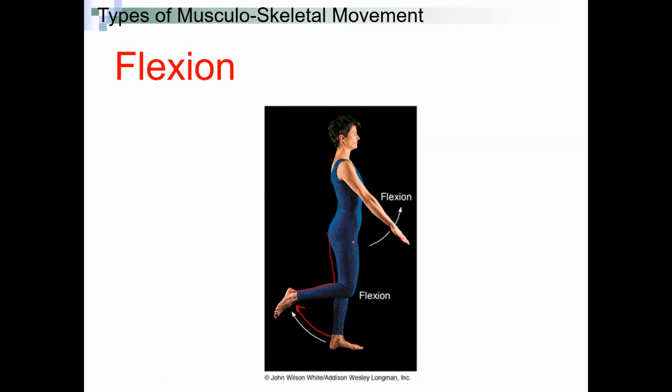So you go from basically like this, and the angle becomes this. So the angle becomes more acute. So your foot is now closer to the rest of your body. So that is flexion. And of course, if you straighten your leg, your foot is now further away from the rest of your body. So that is extension.